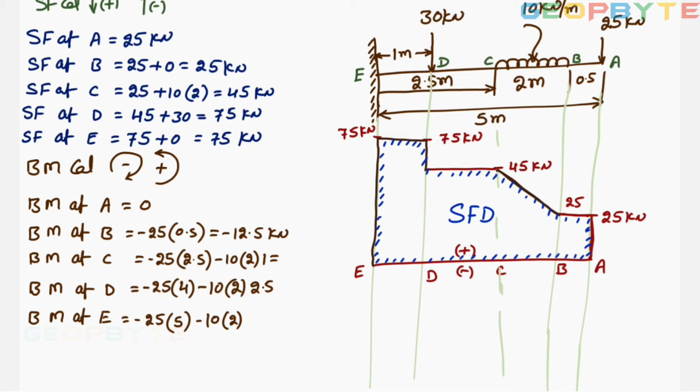Assume that point load is acting at the middle of BC. From that point up to distance E, 2.5 plus 1, 3.5, minus the moment due to 30 kilonewtons, 30 into 1. Simplify the values.